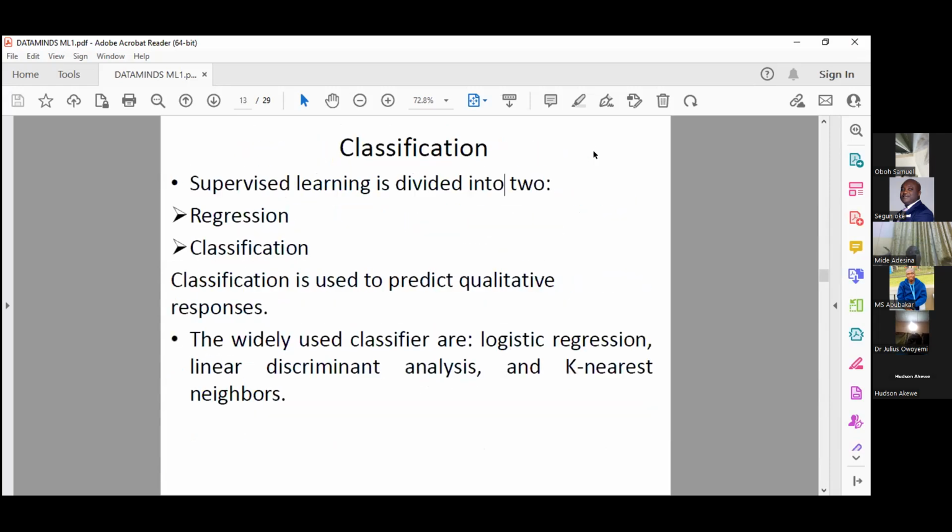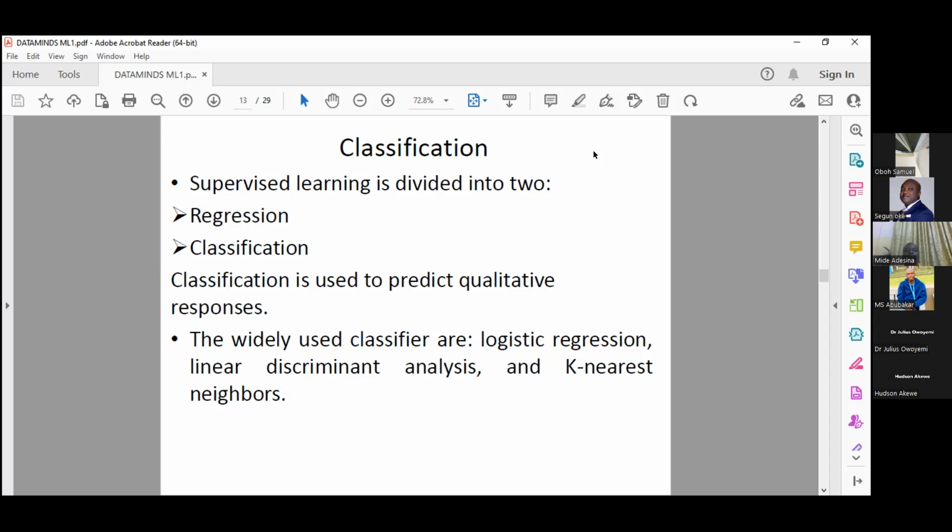Supervised learning is divided into two: regression and classification. We know that classification is used to predict qualitative responses, maybe like low, medium, high. It is qualitative in nature.